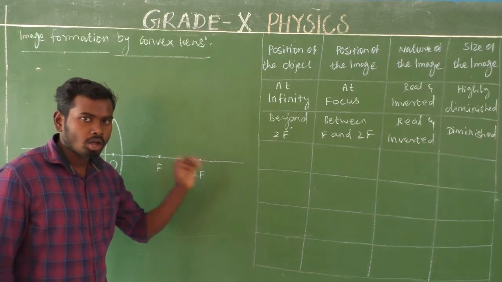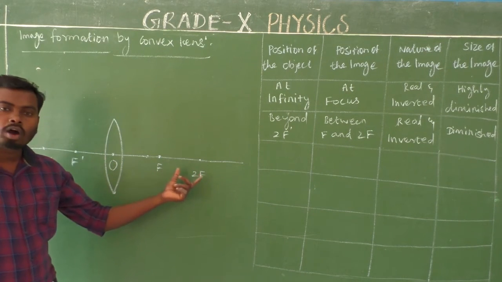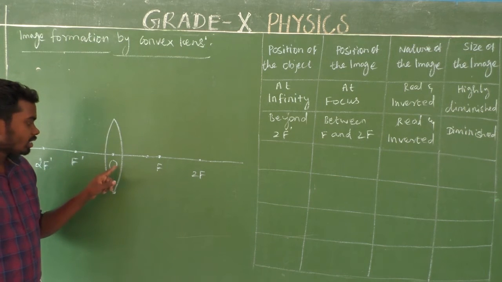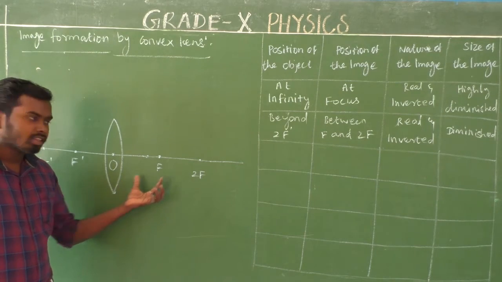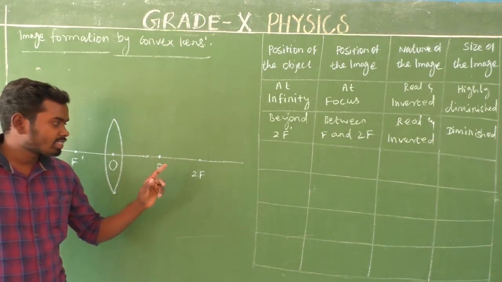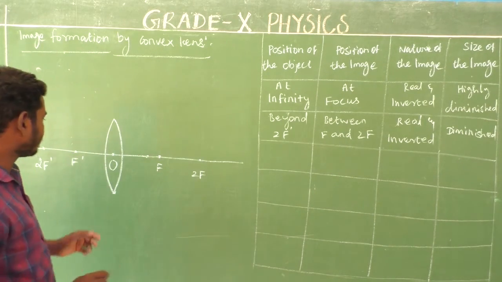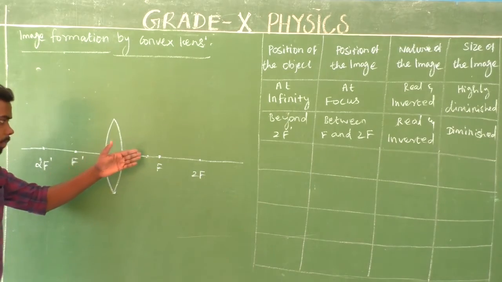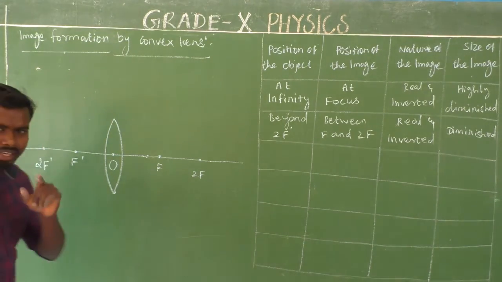That's why 2F is known as twice its focal length, because the distance between O and F is the focal length, and the distance between F and 2F is also the focal length. It is denoted by the letter 2f. This is possible on the left side also.